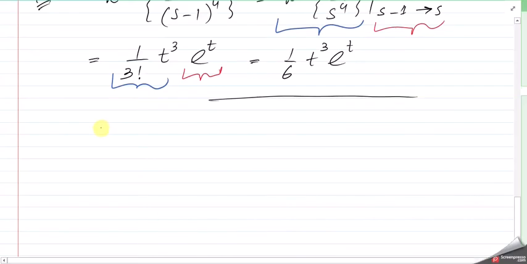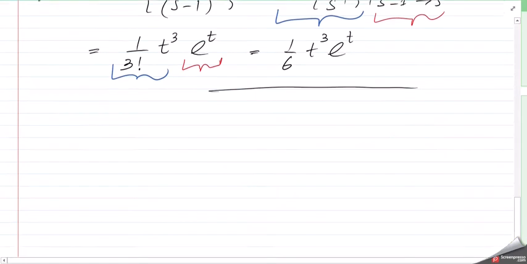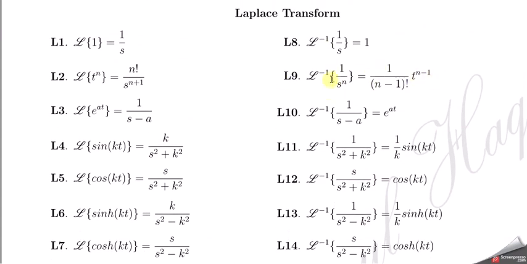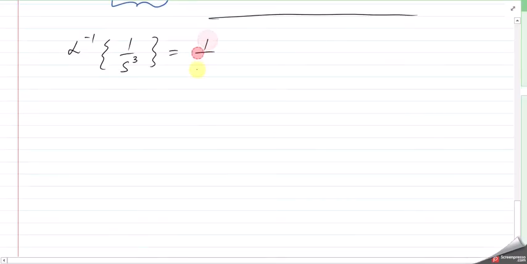So far, we are doing inverse questions of the kind. For example, we have done Laplace inverse of 1 over s cube, which we can do directly by using the formula here, 1 over s power n. So we can do 1 over 2 factorial t power 2.